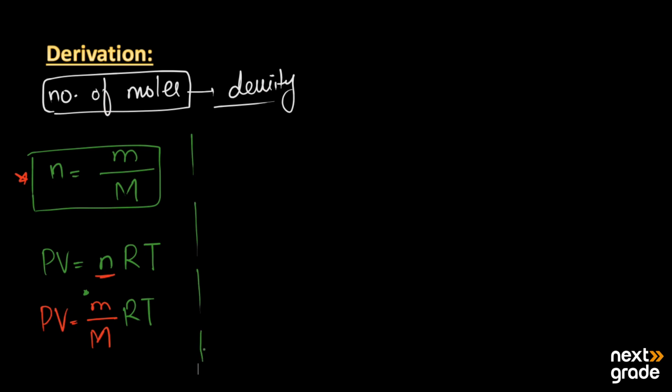After that, we have to rearrange this. By rearranging volume and molar mass, we gain PM is equal to m over V times RT. So we have just swapped volume and molar mass.